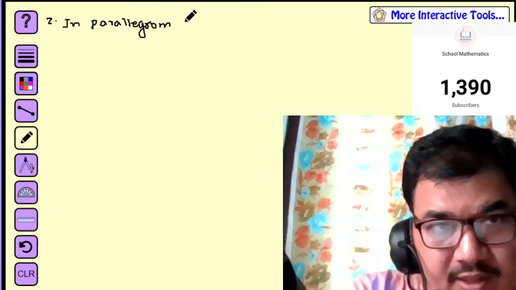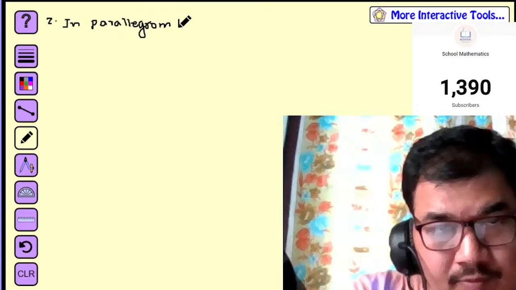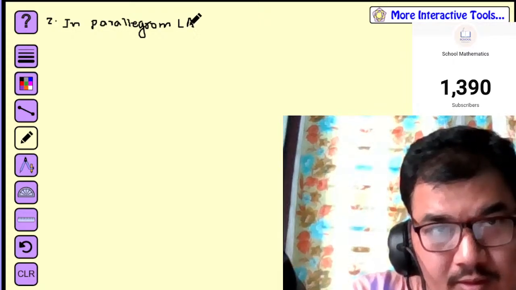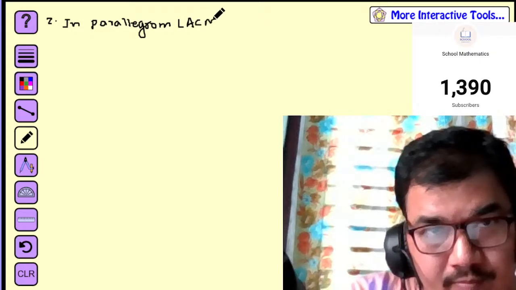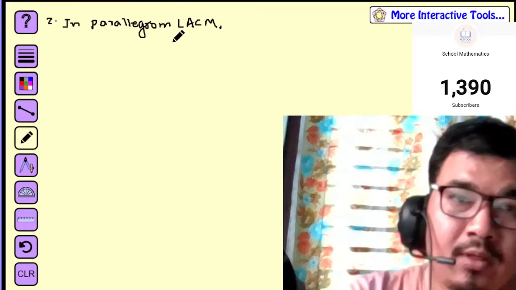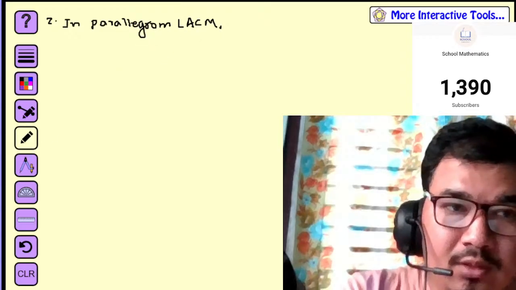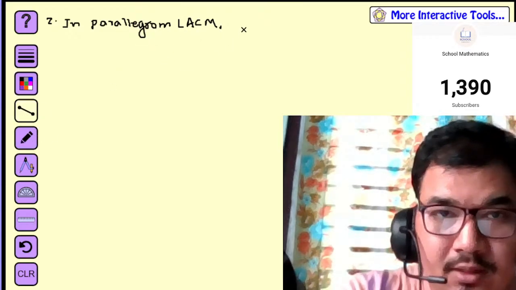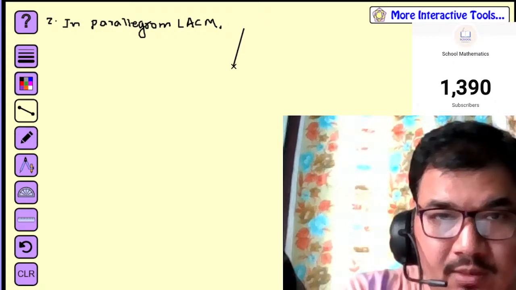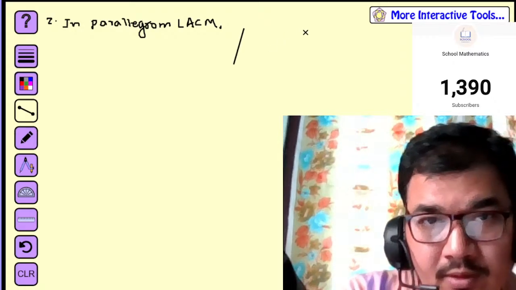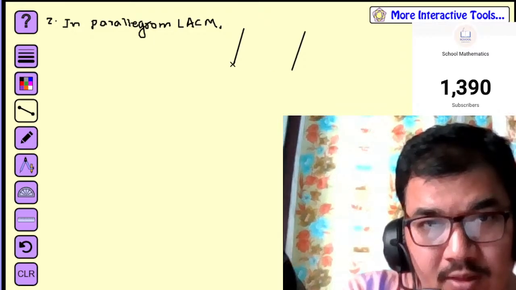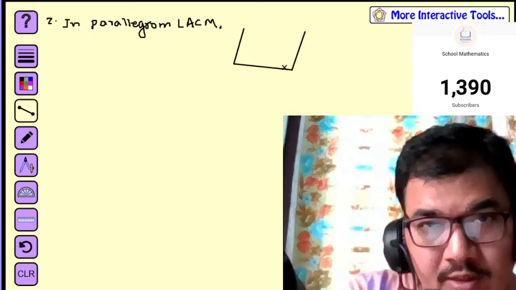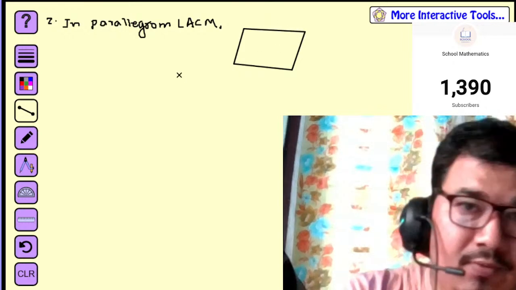The name of the parallelogram is given, suppose LACM. Suppose the figure is like this. This is one side of the parallelogram. This is another side of the parallelogram, and this is another side, and this is also another side. This is the figure LACM.